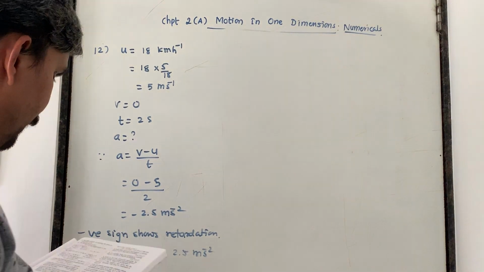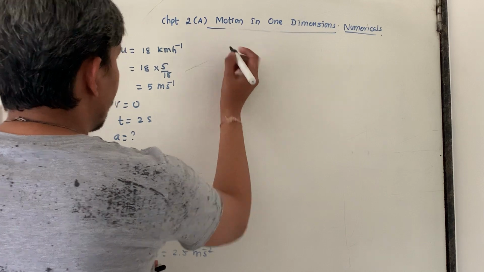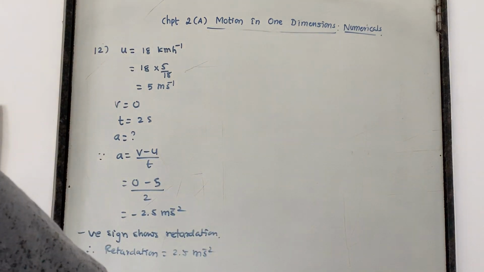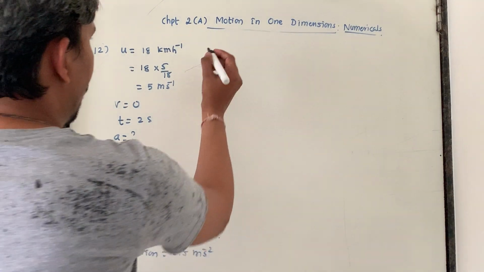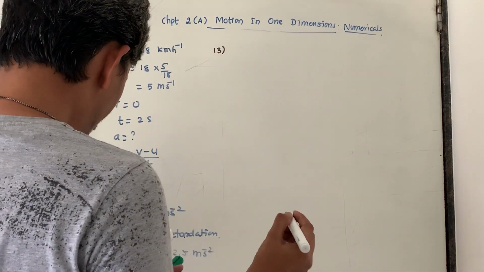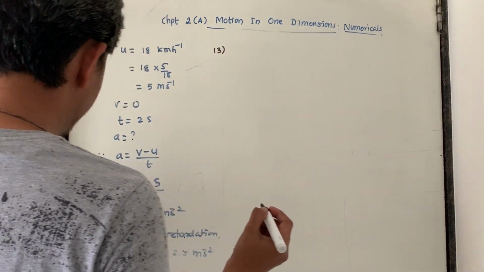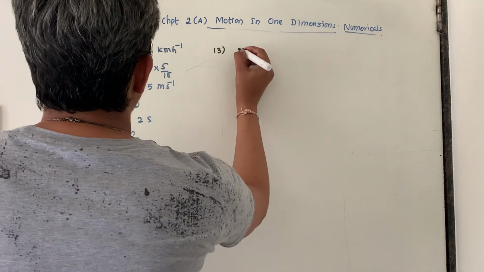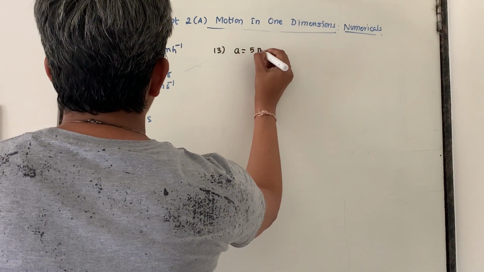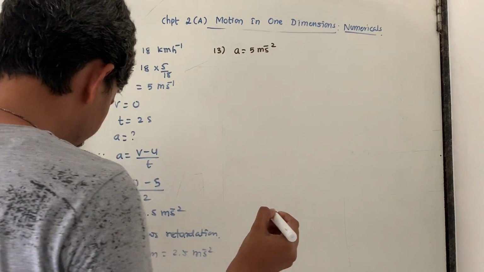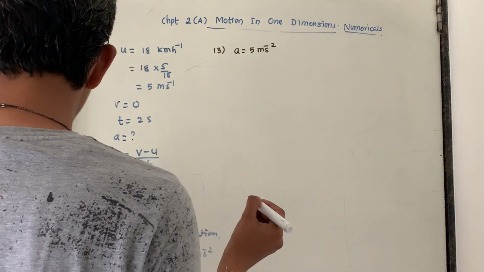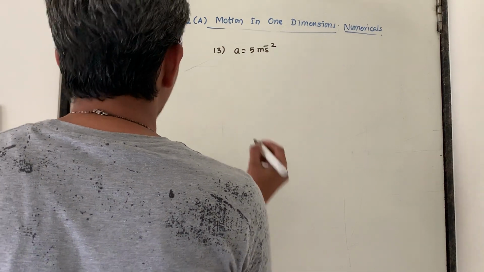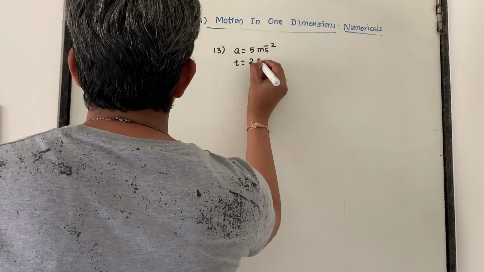Now in the 13th question, check what is given. A car accelerates at the rate of 5 meter per second square, so a is given as 5 meter per second square. Find the increase in velocity in 2 seconds. t is equal to 2 seconds.